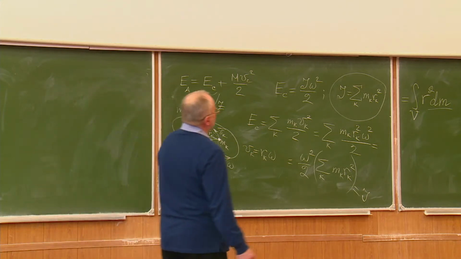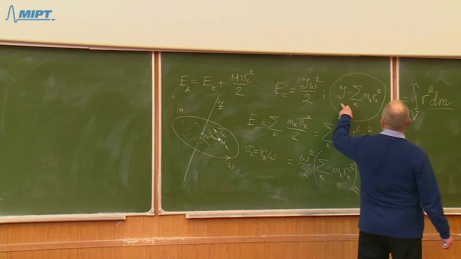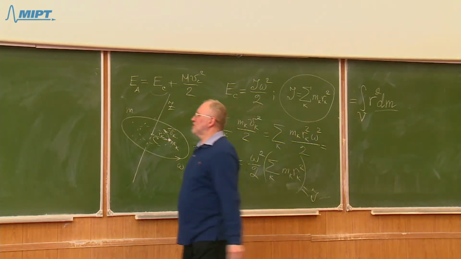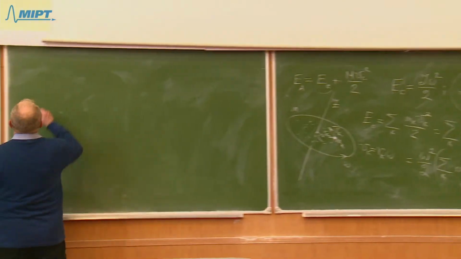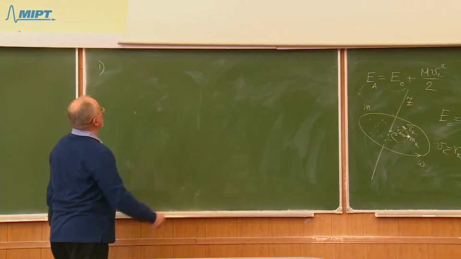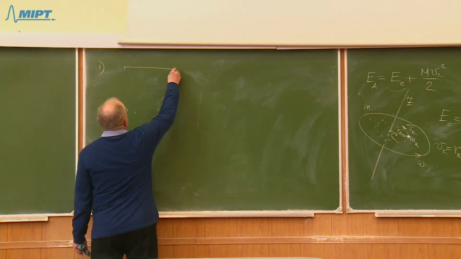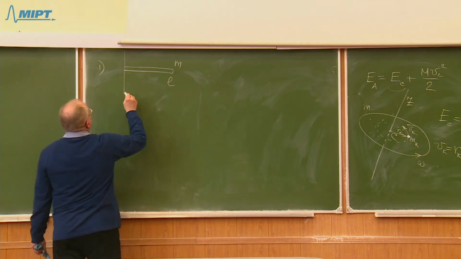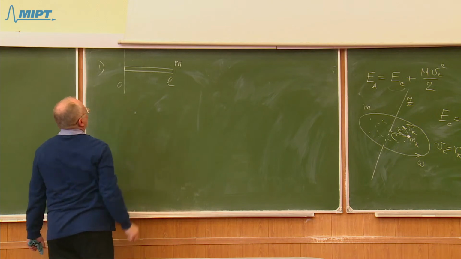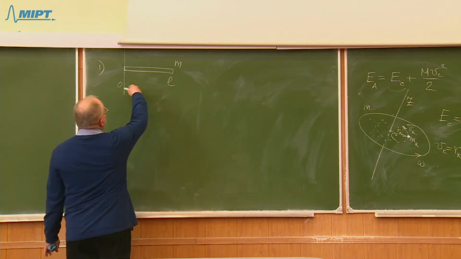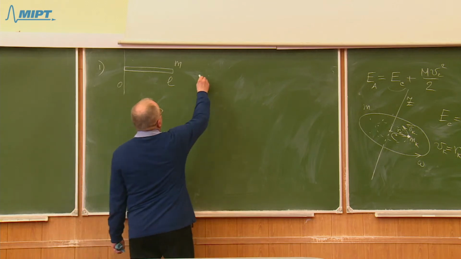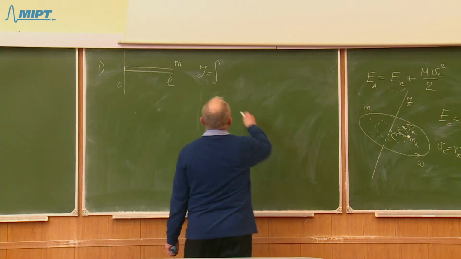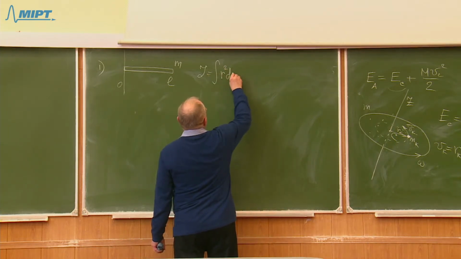So in order to calculate the moment of inertia of an arbitrary body, we must be able to find such an integral. And now we will consider some examples. First example, we will consider a rod of mass m and length L, and the rod may rotate about the axis O, and we need to calculate the moment of inertia of such a rod, and the moment of inertia will be this integral r squared dm.